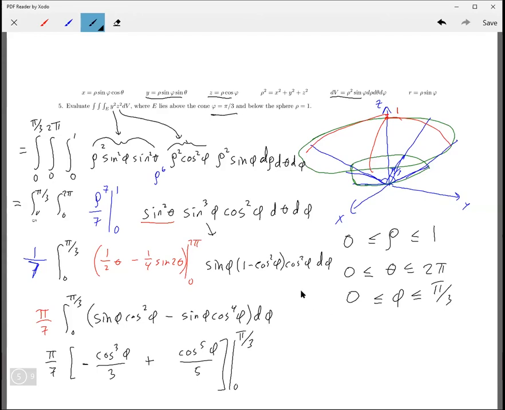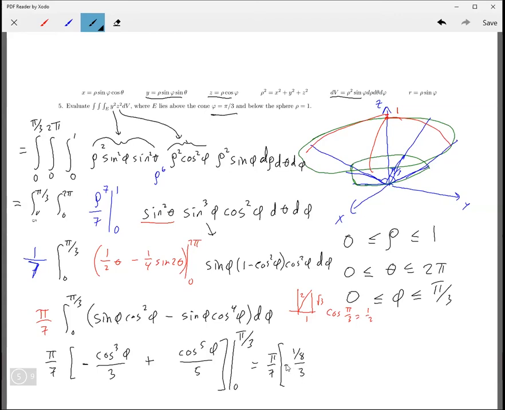Okay, so for reference, we need to know what cosine of pi over 3 is. Cosine of pi over 3 is 1/2. So that means that if you put the pi over 3 in here, you're going to get 1/2 to the 3rd power, which is 1/8.